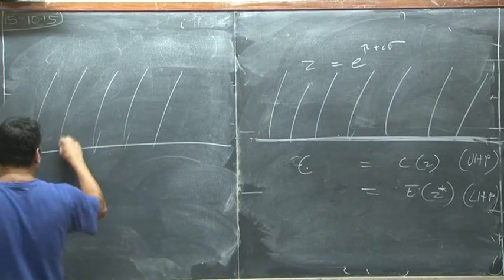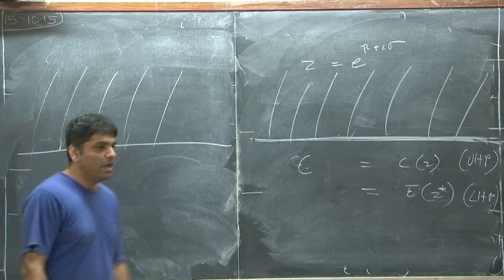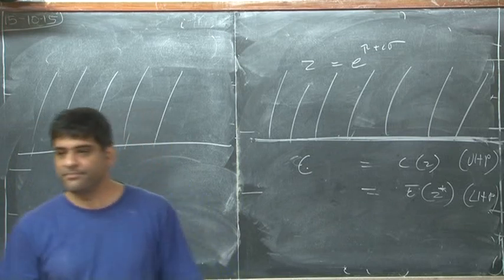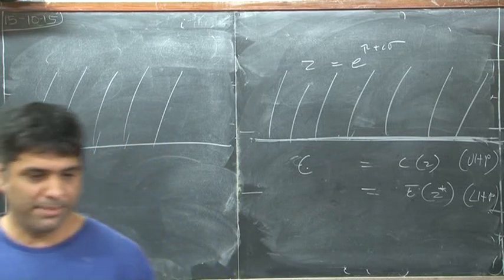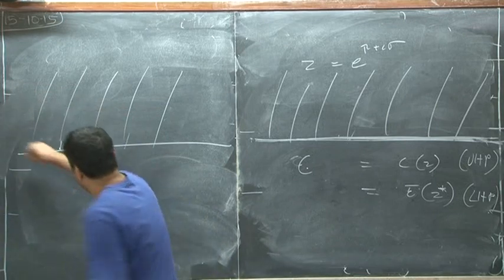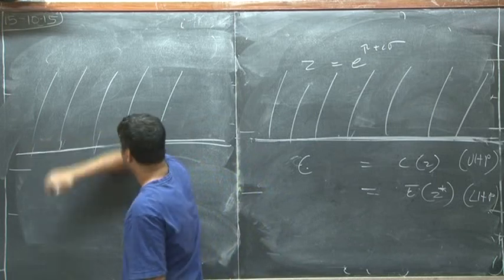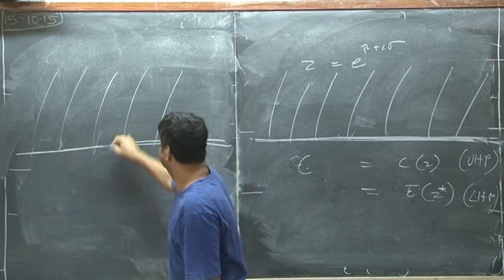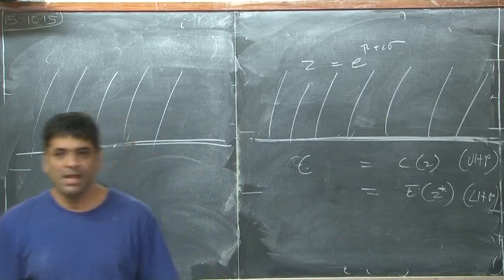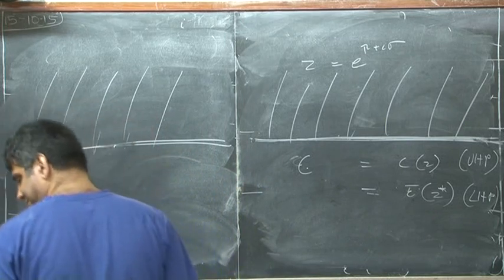If we're doing computations with open strings, we're going to need to compute correlations in the CFD on the upper half plane with some boundary conditions, and possibly insertions at the boundary.